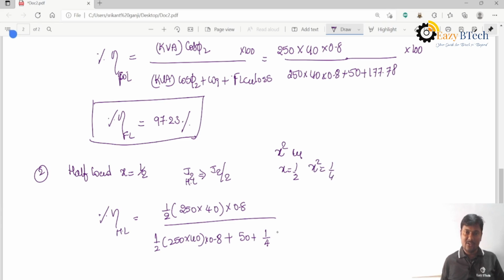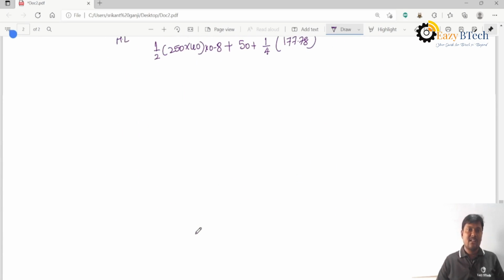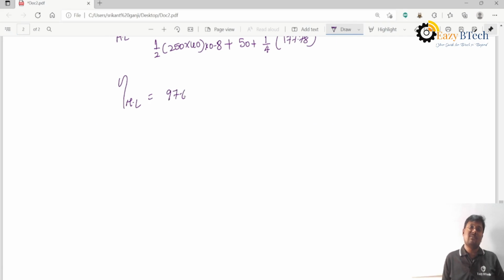The copper losses are reduced to 1 by 4 times, 177.78, multiplied with 100. Then I will get 97.69 percentage. This is the efficiency at half load, 97.69 percentage.